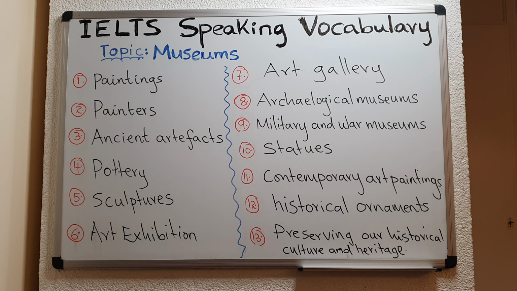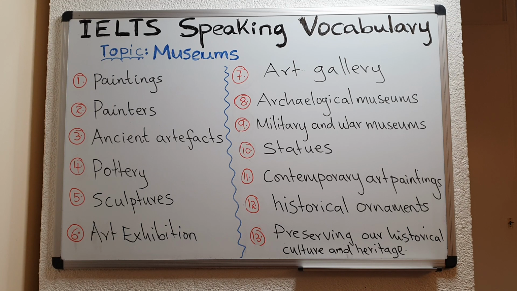And finally, I'm going to give you a sentence where I'm going to use all these words. Last week, I visited an art gallery in my capital city because there was an art exhibition. I saw a lot of paintings by different painters, and I also saw a lot of ancient artifacts, pottery, sculptures, and statues.